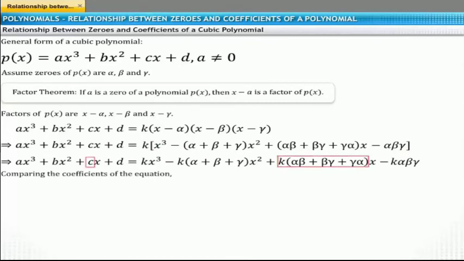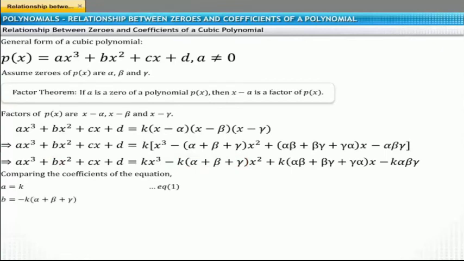So kx cube minus k(alpha plus beta plus gamma) x square plus k(alpha beta plus beta gamma plus gamma alpha) x minus k alpha beta gamma. Now again we will compare: x cube to x cube, x square to x square, x to x, and constant term to constant term.